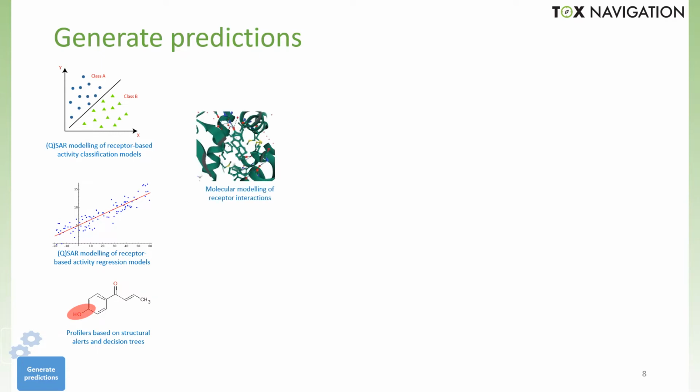The available in silico approaches able to model and predict interactions with specific nuclear receptors or specific proteins are statistical-based QSAR models, either classification models and regression models, rule-based QSAR models, structural alert and decision tree, molecular modeling or docking methods, able to study the interaction between a small molecule and a macromolecule, such as a receptor or a protein, and ToxCast pathway models, available through the EPA CompuTox dashboard and based on in vitro data.